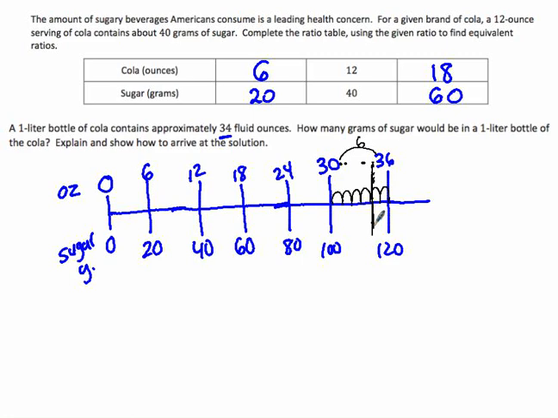So the question is, how much sugar is that in grams? Well, I'm going to turn this more into like a thinking blocks model. And if we think about it as fractions, it'd be like 31, 32, 33, 34.